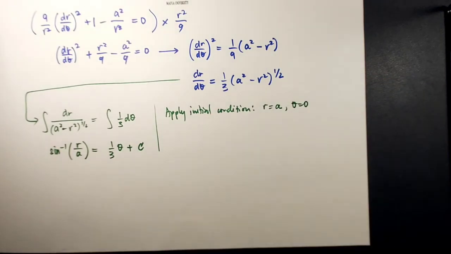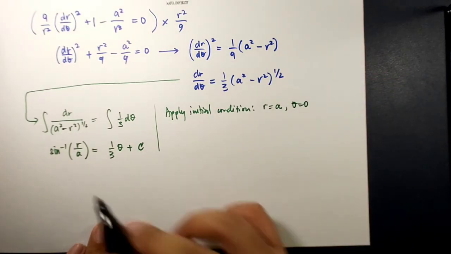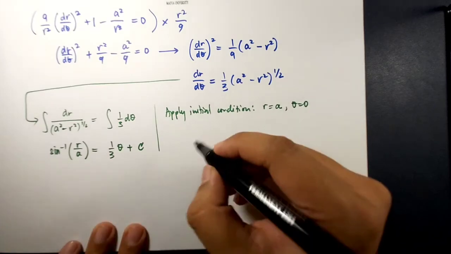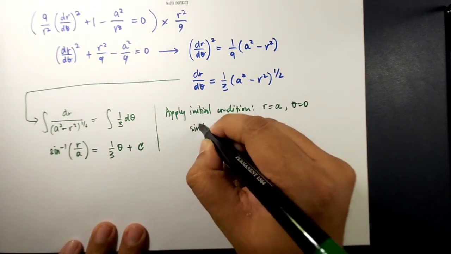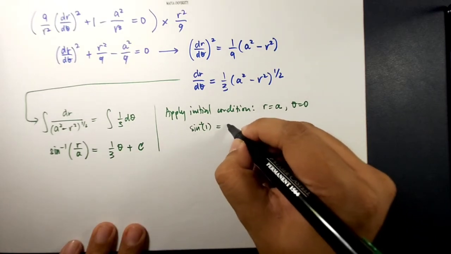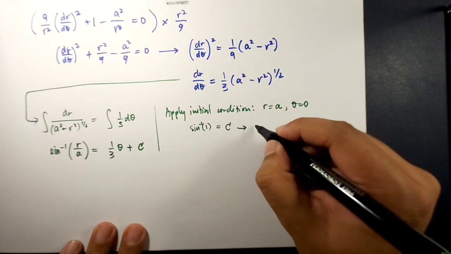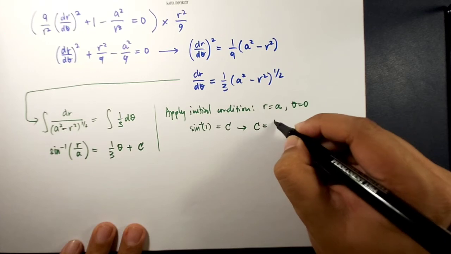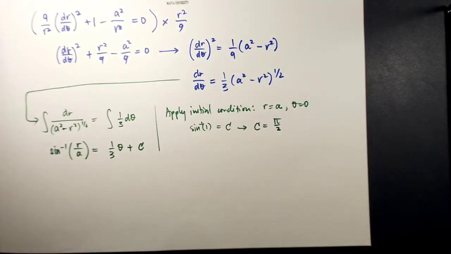So applying this, we have arc sine 1 equal to C, which tells us that C is pi over 2.